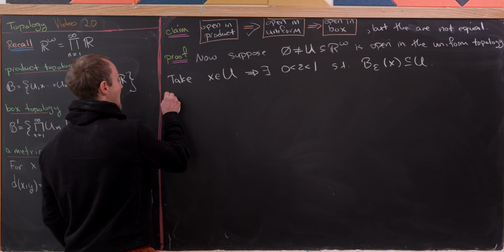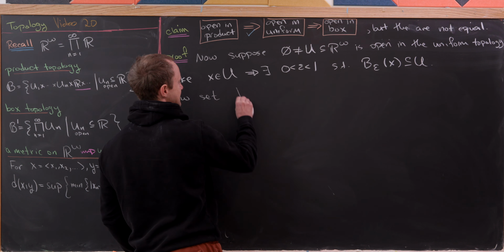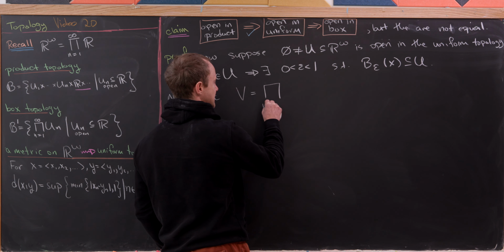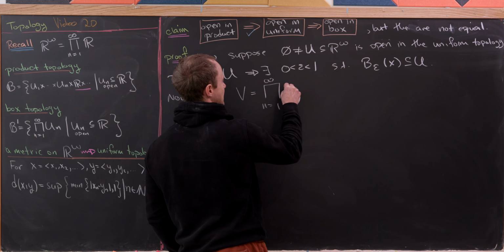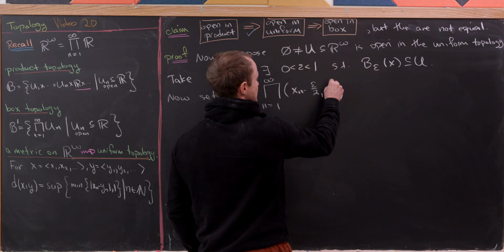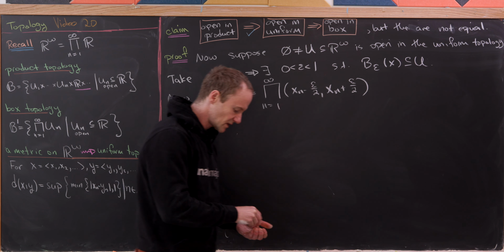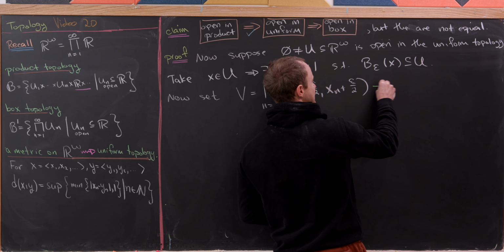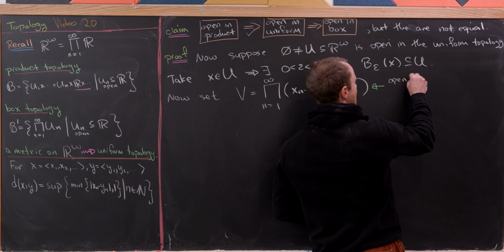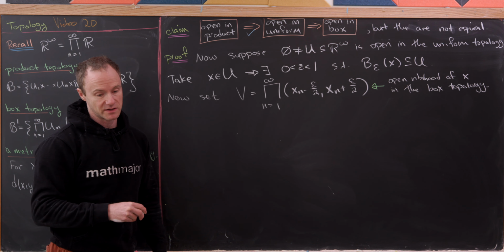Now what we want to do is consider the following set, and I'll call it V. It'll be the product as n goes from 1 to infinity of the interval x_n minus epsilon over 2 to x_n plus epsilon over 2. So this is an open neighborhood of x in the box topology.